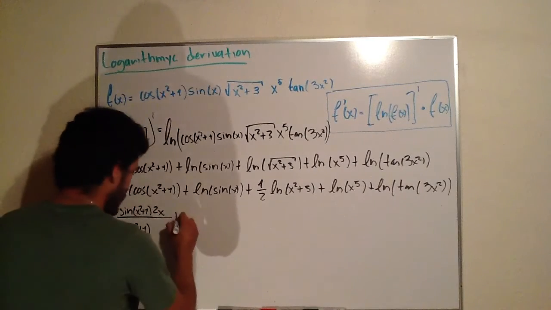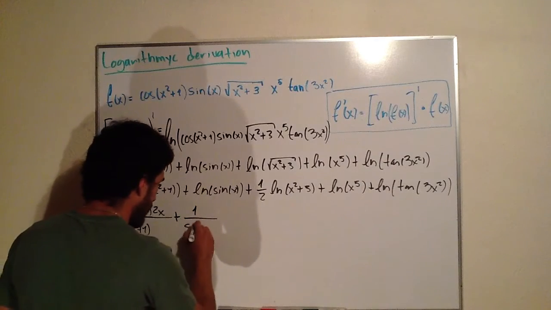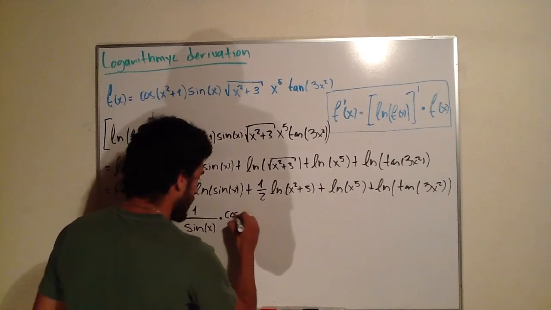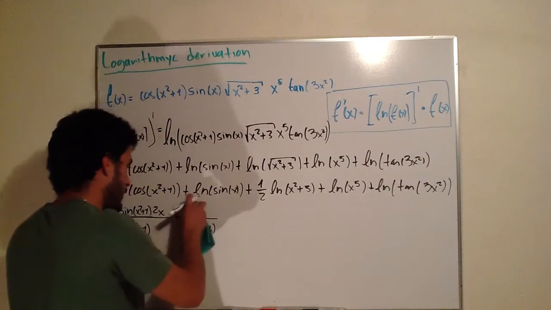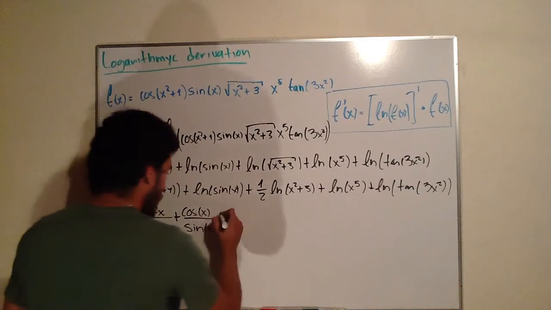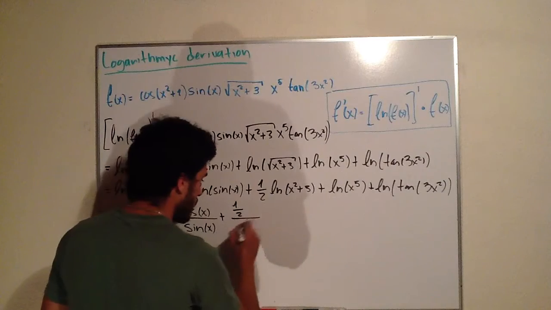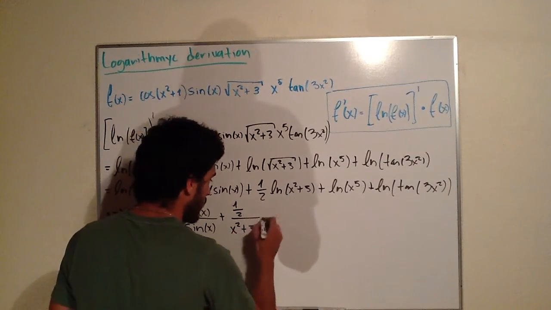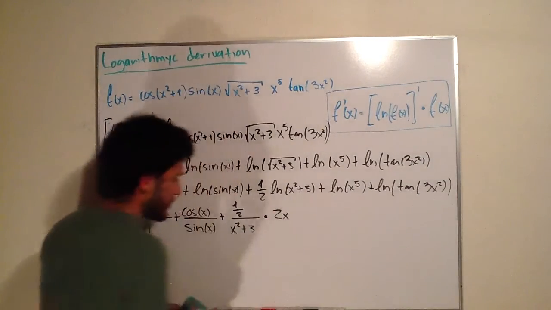Let's see. So in this case it will be 1 divided by sine of x multiplied by the derivative of sine, that will be cosine of x. I'm going to put it again here, plus 1 divided by 2 divided by x squared plus 3 multiplied by the derivative of this function, that will be 2x.